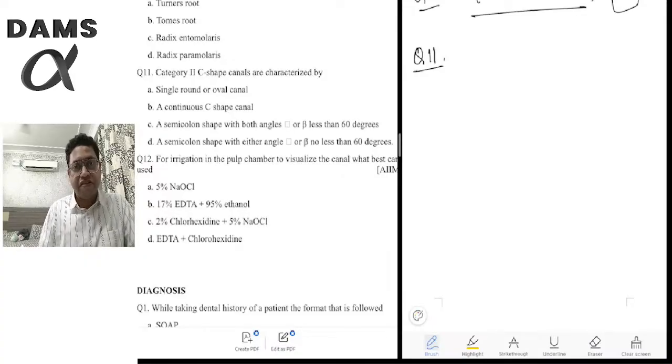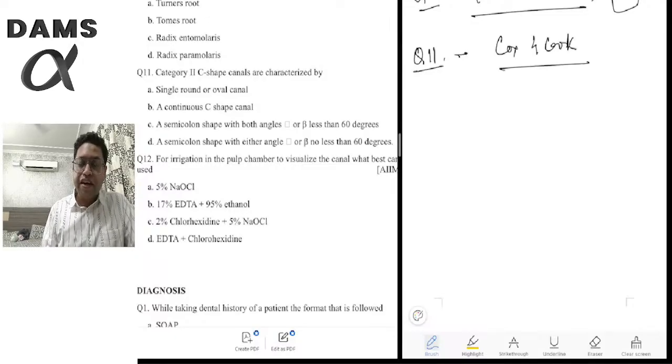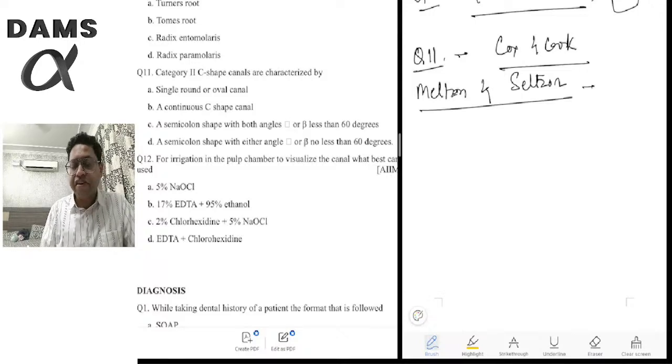Okay, so C-shaped root canals were initially identified by Cooke and Cox, and Melton and Selzer classified them into three types: category 1, category 2, and category 3. Category 1 is a continuous C-shaped root canal.